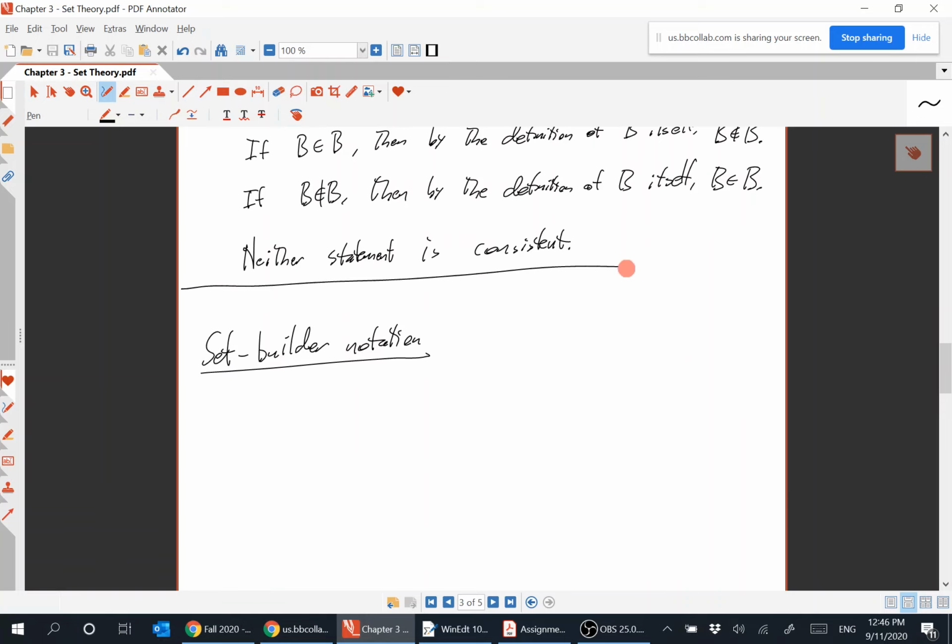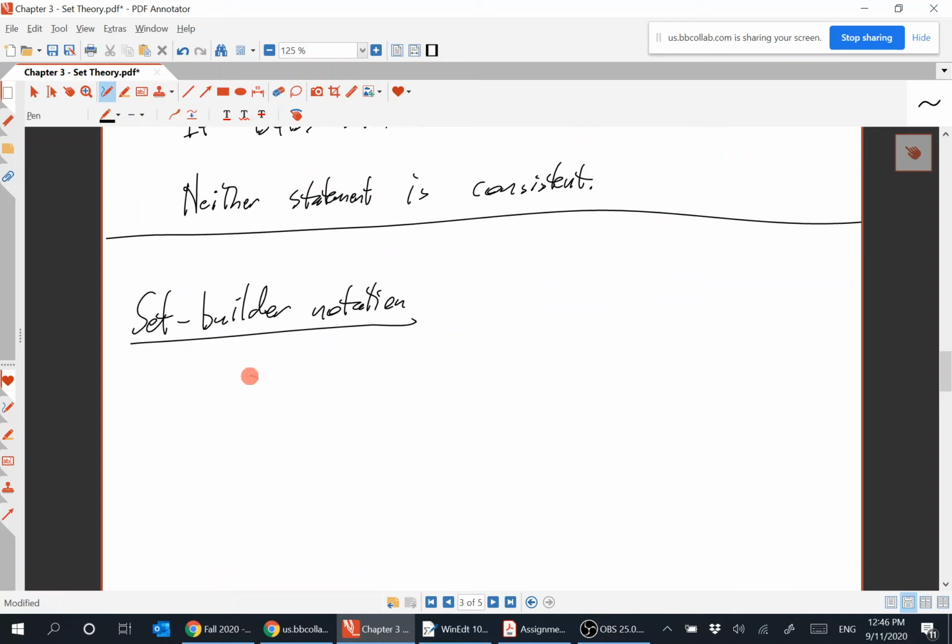Okay, the set builder notation. So when we write the following, this is what it means.